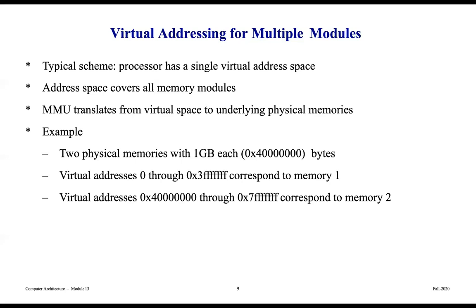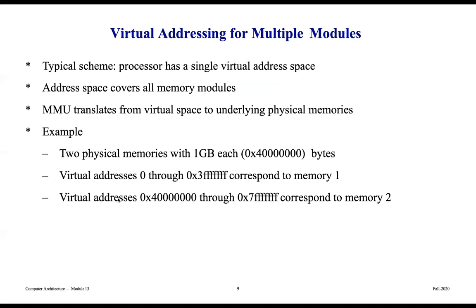So for example, say we have two physical memories with 1 gigabyte each, and so we have a total of 2 gigabytes available. The virtual addresses 0 through 3FFFFFFF correspond to memory 1. The rest correspond to memory module 2.